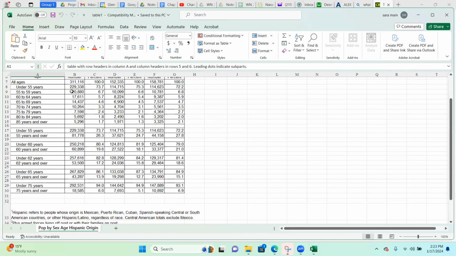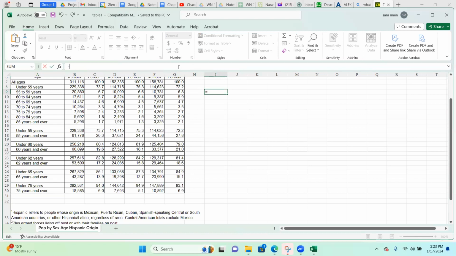So it would be this 229. I'm going to do it right here. I'm going to take my 311,116, and I'm going to subtract the 229,338, and I'm going to subtract 2,880, the people in the 55 to 59.